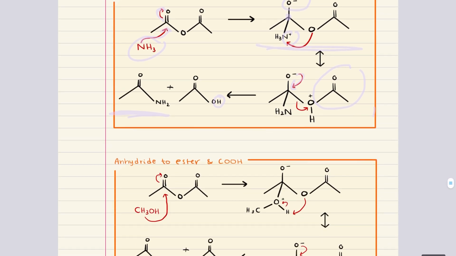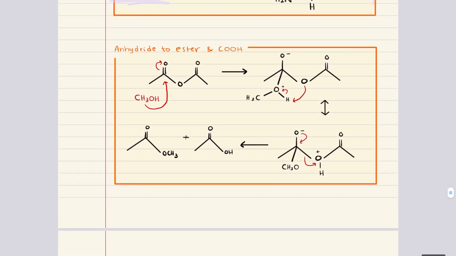Now let's look at what happens when an anhydride reacts with an alcohol, let's say methanol, for example. This mechanism follows a very similar pattern. The alcohol acts as the nucleophile, and it attacks the carbonyl carbon of the anhydride. This is going to push electrons onto the carbonyl oxygen, and again forms a tetrahedral intermediate.